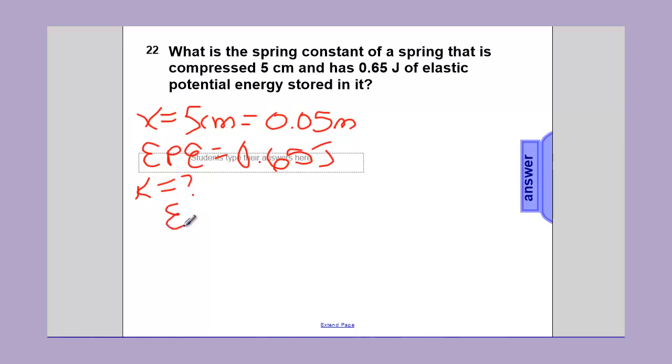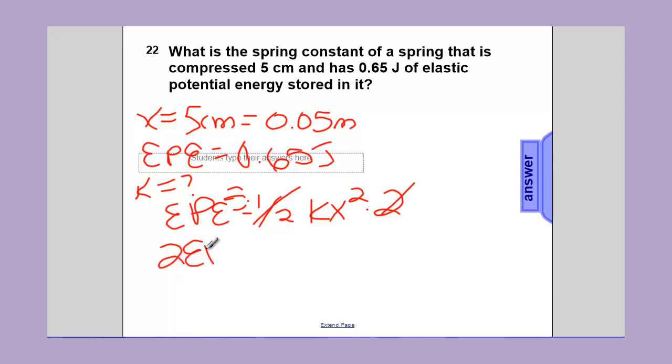So if we've got EPE equals 1/2 kx squared, we are going to multiply by 2 to get that half canceled out. So now we've got 2 EPE equals kx squared, and we're going to cancel out the x squared by dividing since it's being multiplied.